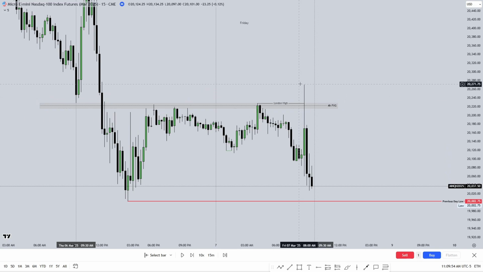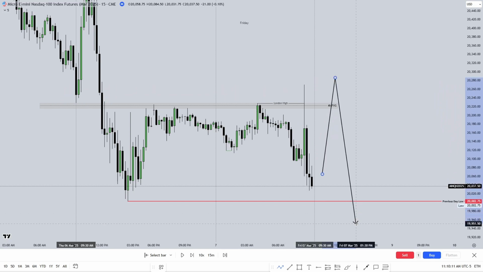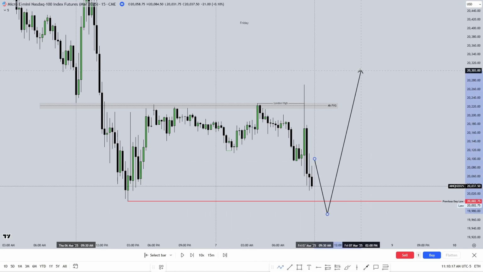So I wouldn't want to see price come back up here until some significant sell side targets have already been hit, meaning this previous day low. So I didn't want to see something like this where buy side gets hit above these data highs and then we go lower. I would want to see this get hit first and then price would be allowed to come back up here.